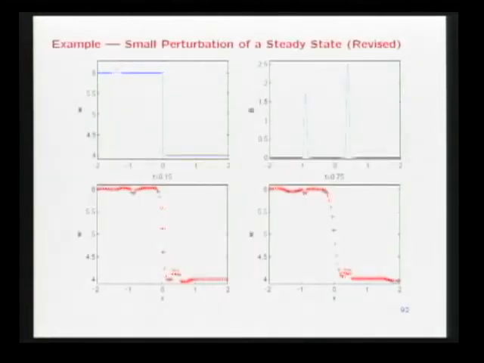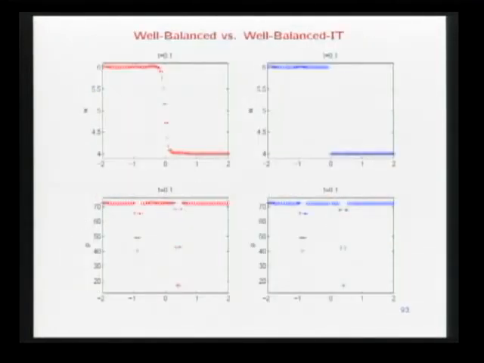And to end my lecture, I would like to show you some results. Here is the same example that I showed before. You remember this was a bad result. And this is the result we obtain now with the well-balanced scheme. When I say well-balanced, it only preserves steady states of type 1.